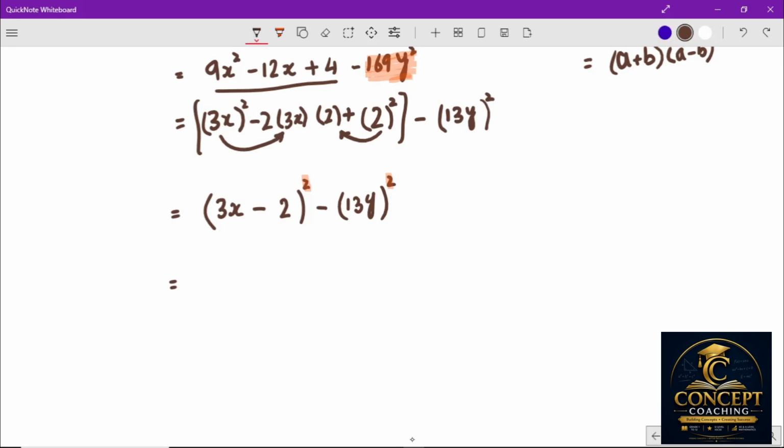We have 3x minus 2 minus 13y... we write 3x minus 2 plus 13y, and then we have 3x minus 2 minus 13y. So this is the factorization of the question, and this is the final answer.